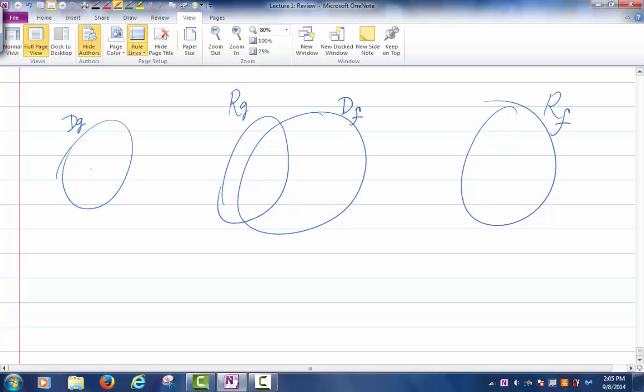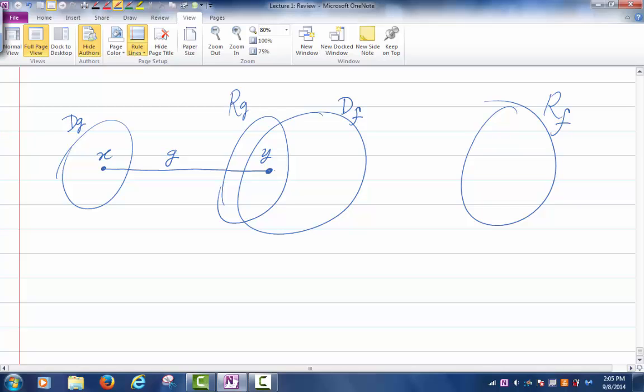Now, what's happening with the composition is that you start with an x in the domain of g, and then you're applying g to that x. You end up with a y in the range of g as well as in the domain of f.